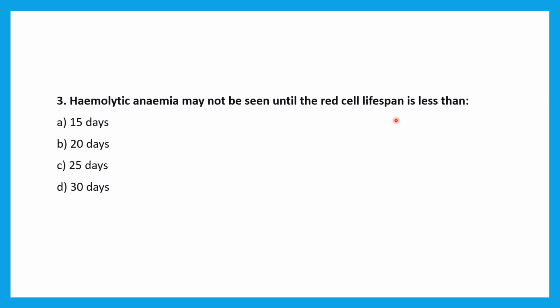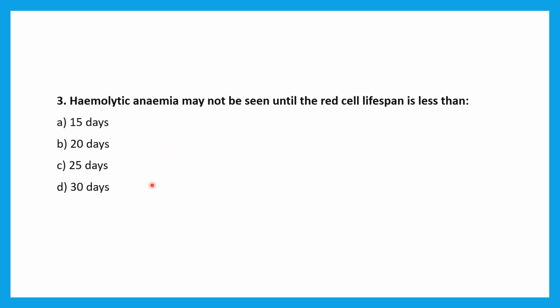Before we get to the answer, remember the bone marrow has a remarkable capacity to compensate for increased red blood cell destruction. How? By increasing production, which is erythropoiesis. It can produce red blood cells at least 6 to 8 times the normal rate.